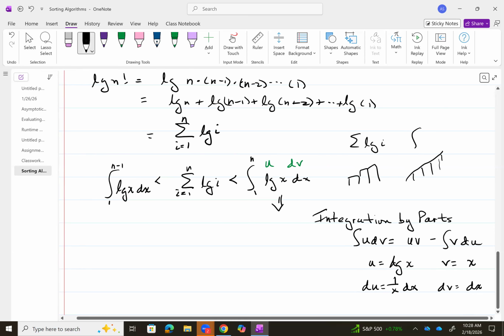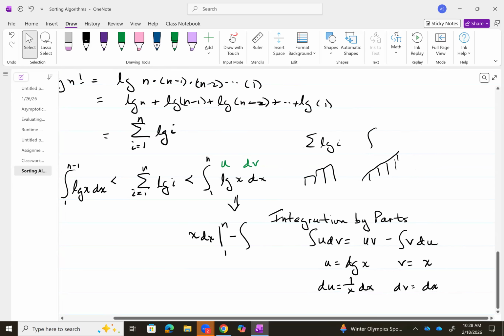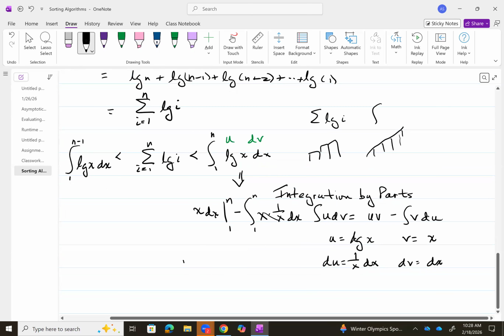So by our formula, this is going to be uv, x log x, from 1 to n, minus the integral of v du, x times 1 over x dx from 1 to n. But that's just the integral of 1 dx. Sorry, I wrote dv instead of log x.